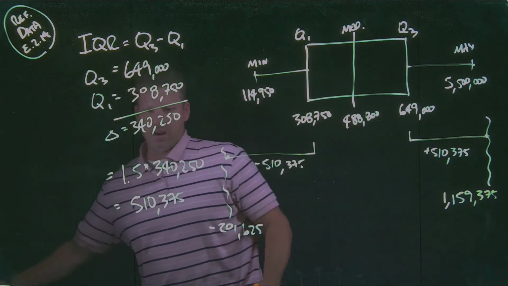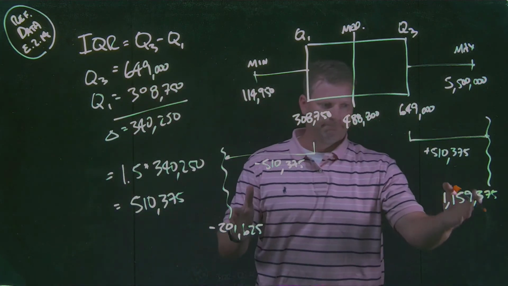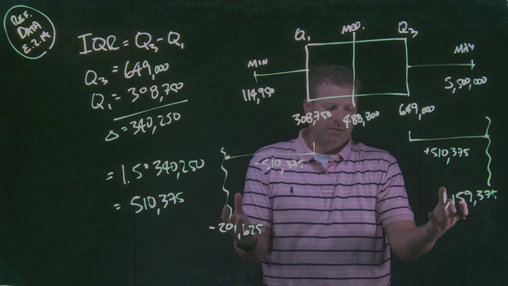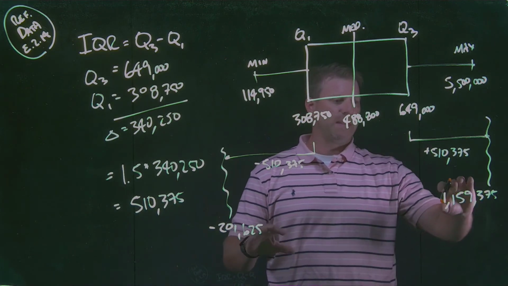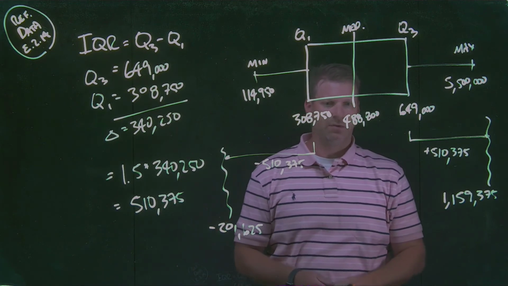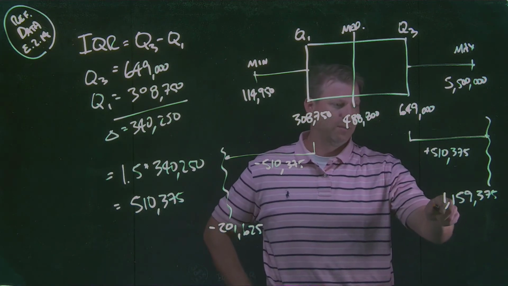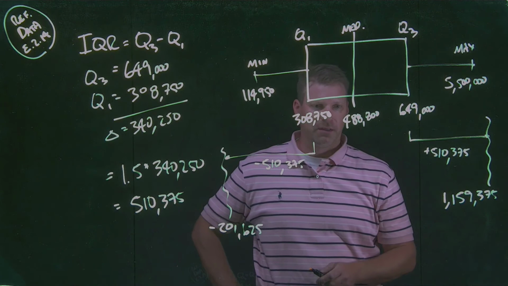So this is our range in which we would say this is kind of a normal value, bad word to use, but anything beyond the extremes of negative 201,625 or positive 6 million would identify an outlier.